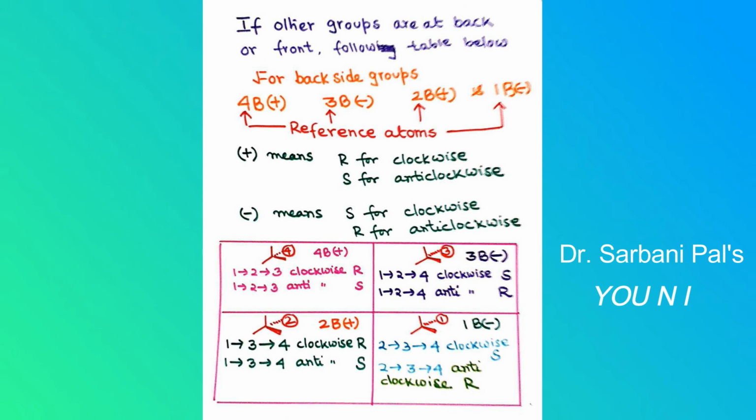In that case 1, 3, 4 if it is clockwise, plus means R. 1, 3, 4 if it is anti-clockwise, then it will be S.